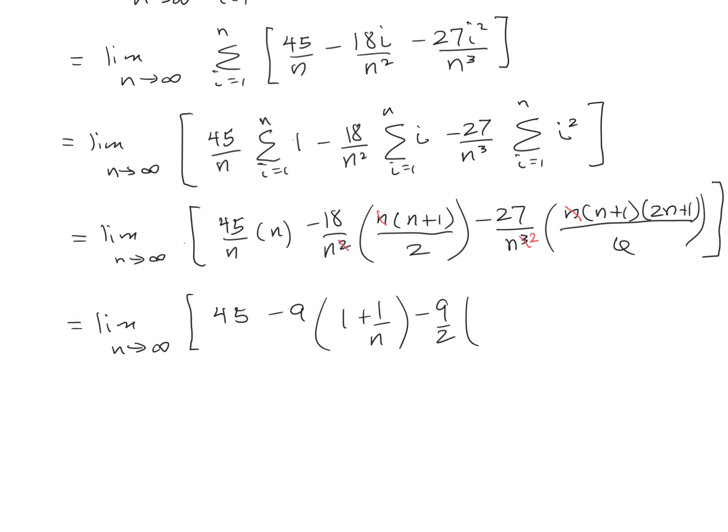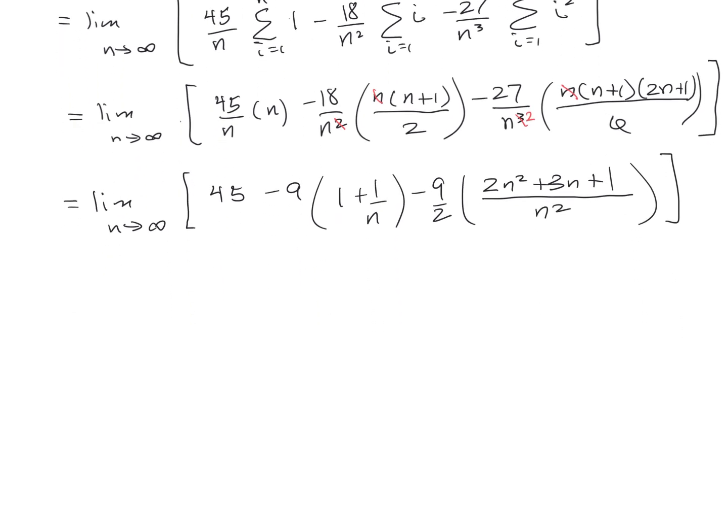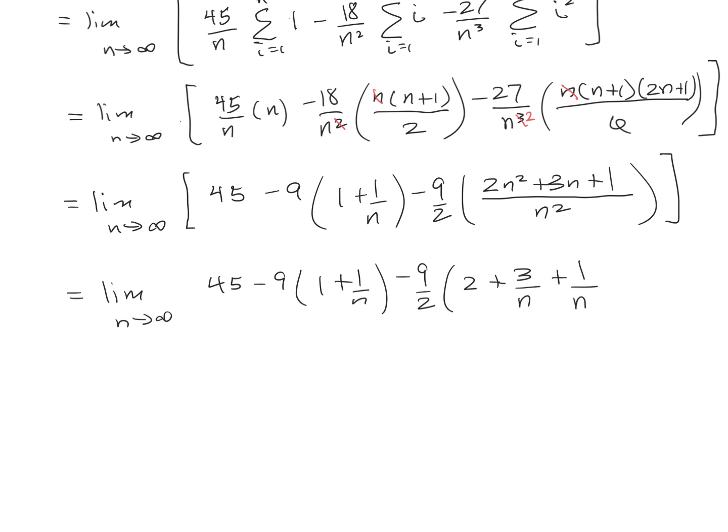And then if we multiply the inside out, we're going to have 2n squared plus 3n plus 1 all over n squared. And so this is going to be the limit as n goes to infinity of 45 minus 9 times 1 plus 1 over n, minus 9 halves of 2 plus 3 over n plus 1 over n squared.